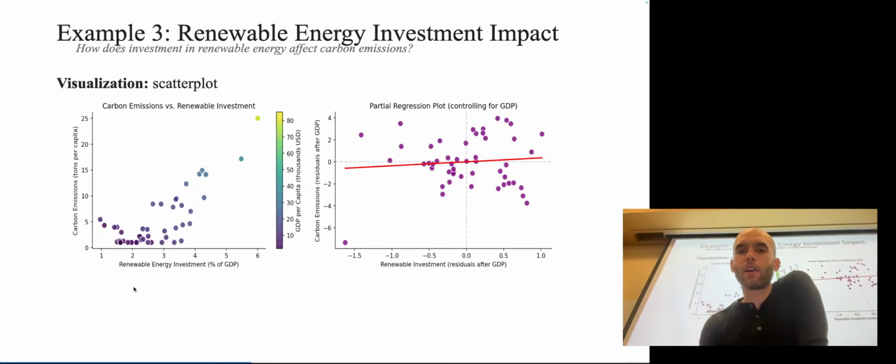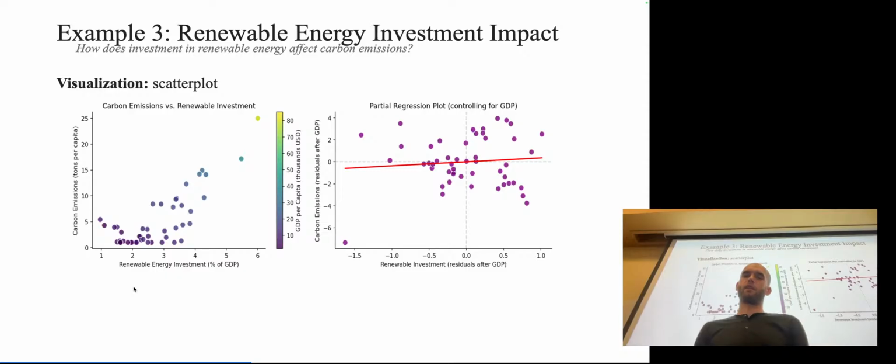And so what I've done here on the side is actually just include a statistical control for GDP per capita. We haven't talked about these partial residual plots, but essentially what this is doing is showing renewable investment after we've controlled for GDP. And then I've done the same thing on the vertical axis, showing carbon emissions after controlling for GDP. And then I've just plotted these two things together.